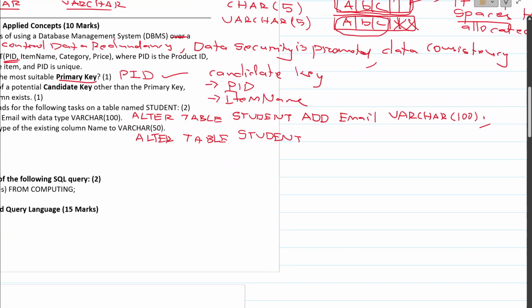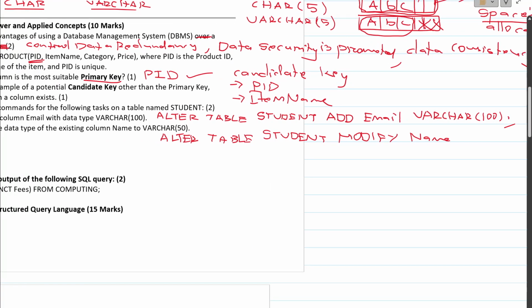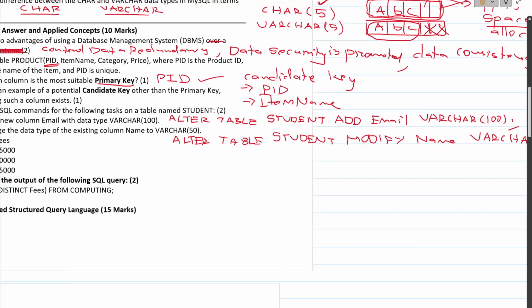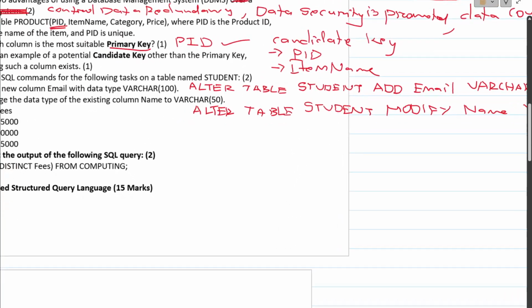Here it is asking me to change, which means modify. Do you remember? This is also a very useful command. I am going to change the name to varchar 50, so modify name varchar 50, and then semicolon. Do not forget to provide semicolon, because it will help us to terminate this particular statement.